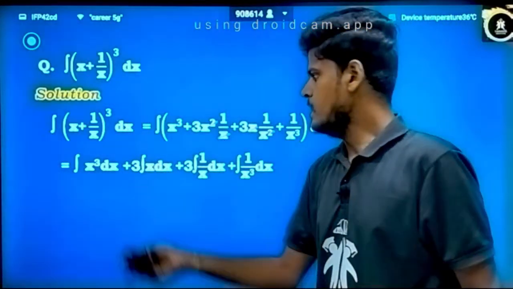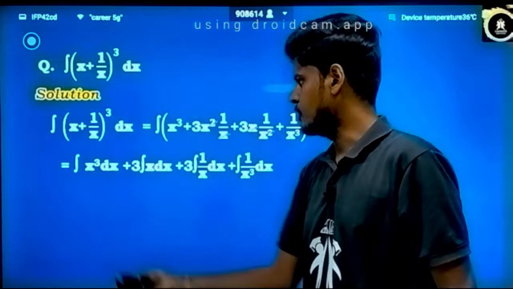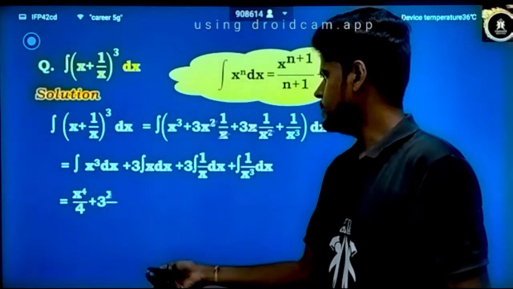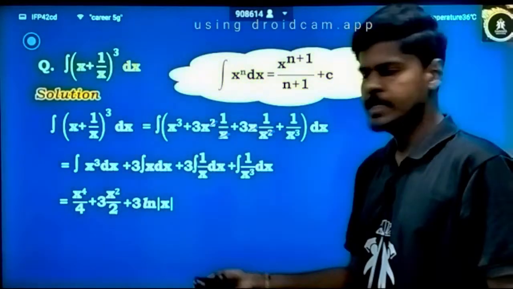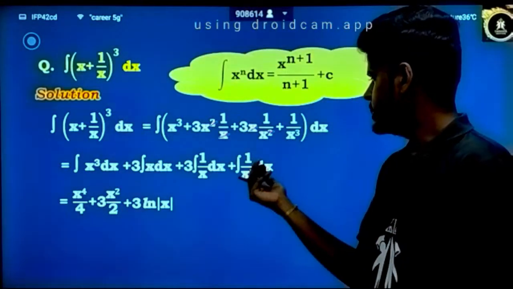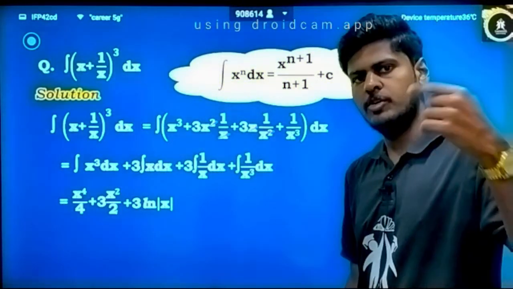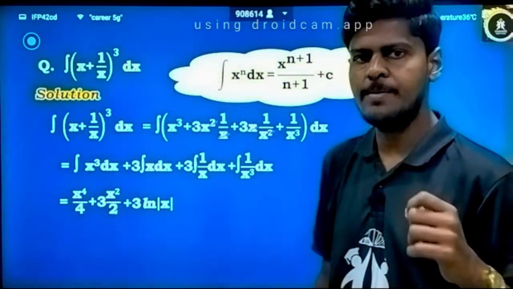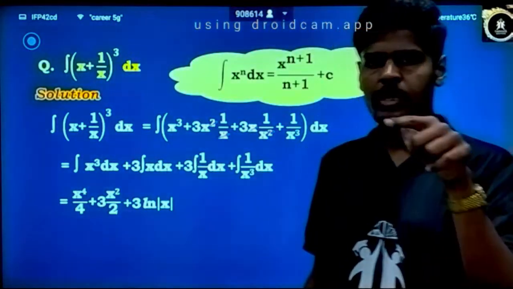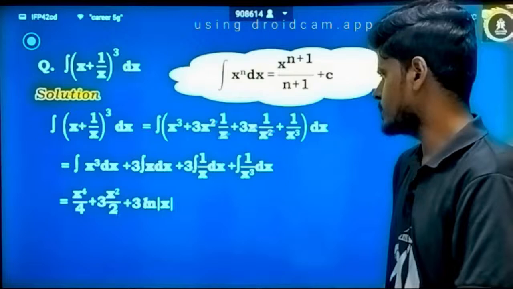Now do this. Easy. What is the integration? X power 4 by 4. Next term is x square by 2. Then 3 times log mod x. Then this one will be x power minus 3. So use the formula. What is the integration of x power minus 3? X power minus 2 by minus 2, that is x power minus 3 plus 1 divided by minus 3 plus 1.